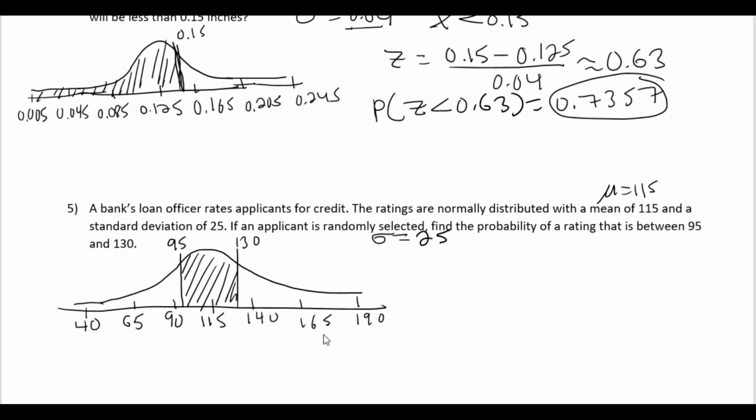That means we want to calculate 2 z-scores for those two. So let's do z1 first. So we're going to do the 95 first. 95 minus mean divided by standard deviation.